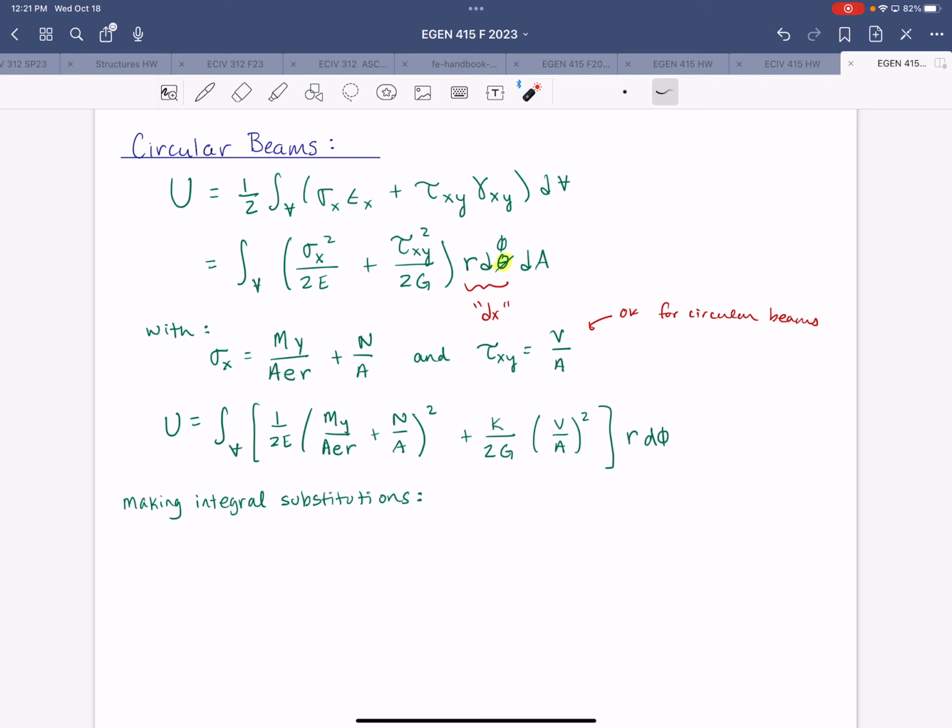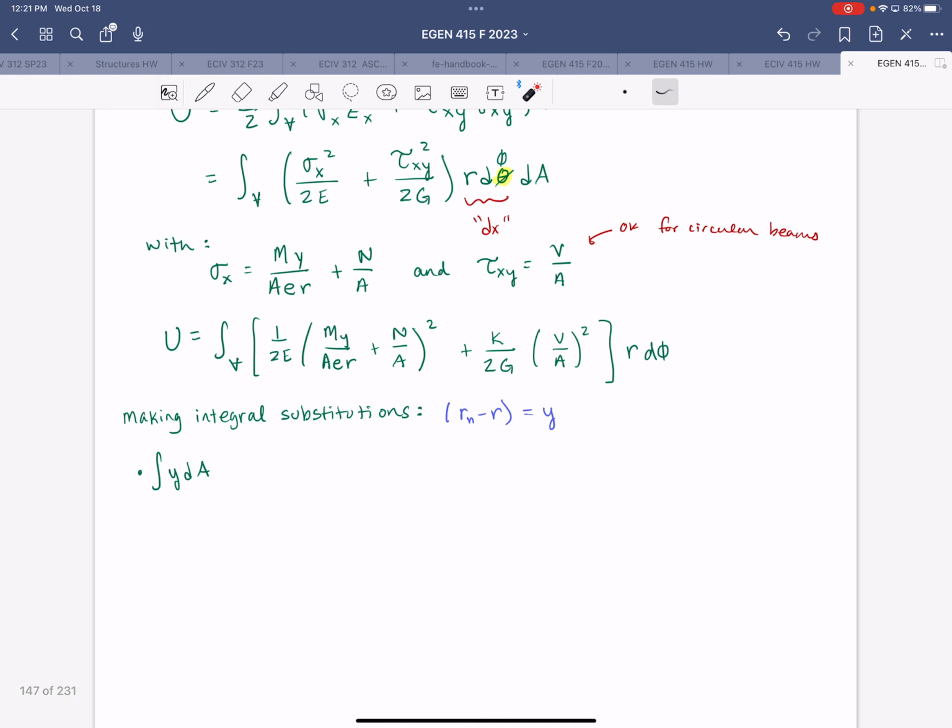So we're going to end up with integrating a y term over the area, and we're going to be making the substitution Rn minus R is equal to y.